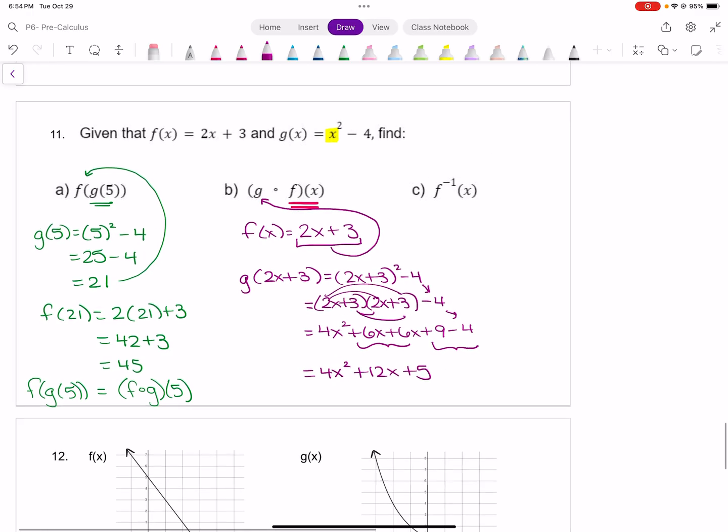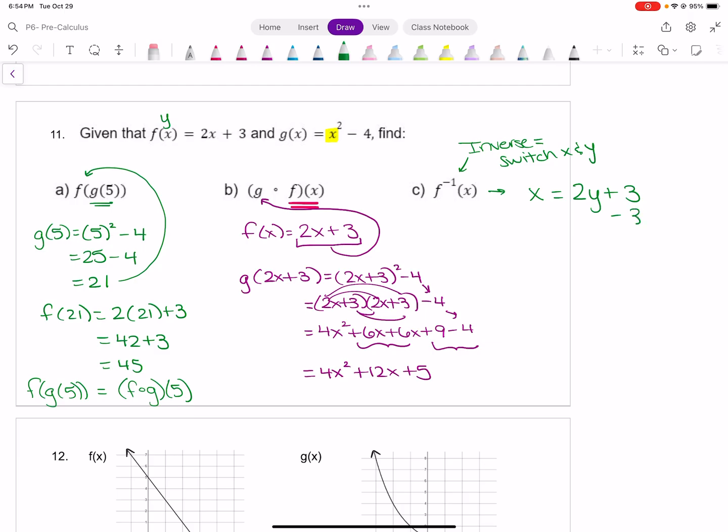Part C is asking us to find the inverse. So again, inverse means switch your x and y and then solve for y. So f of x is my y, so switching, I get x equals 2y plus 3.